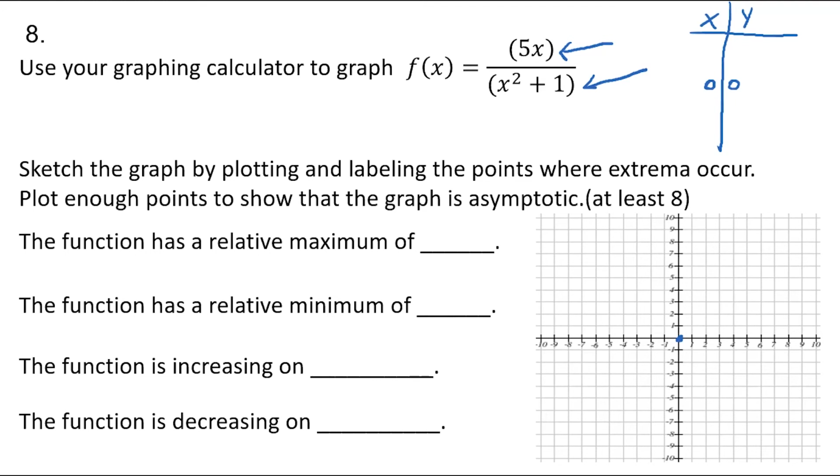And then I'll work my way out from 0. So I'll plug in a 1, and I'm just plugging these values into my calculator. I have the function set up, and you get a 2.5. So if I go over here to 1, go up to halfway in between 2 and 3, 2.5.